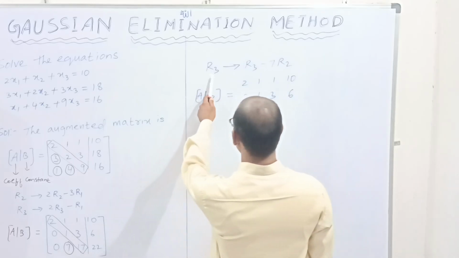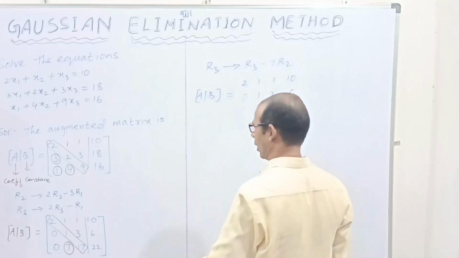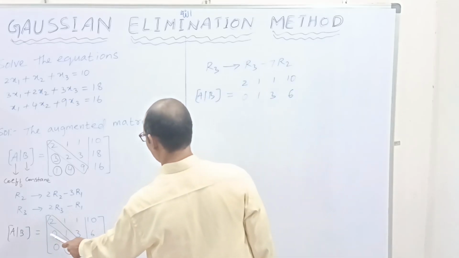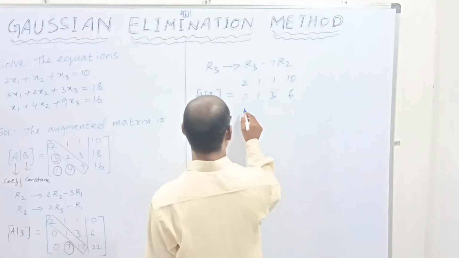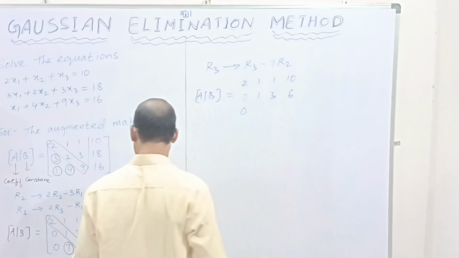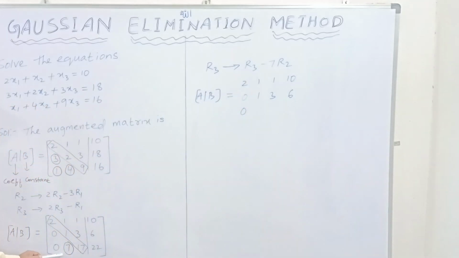For the third row, we apply the operation R3 minus 7R2. R3 is 0, 0 minus 7 times 0 is 0.